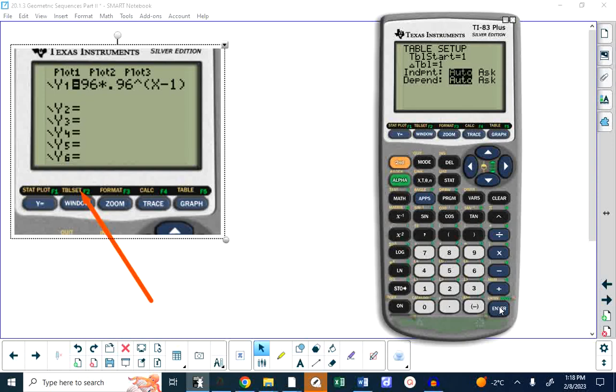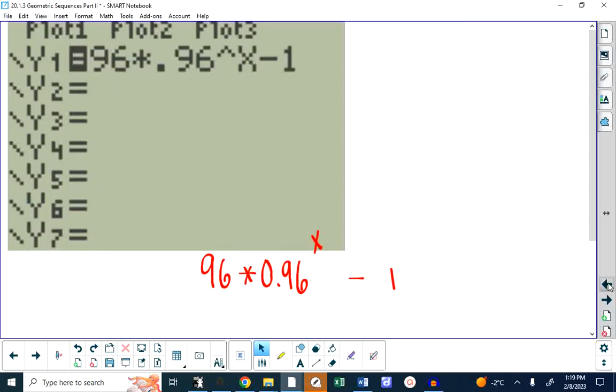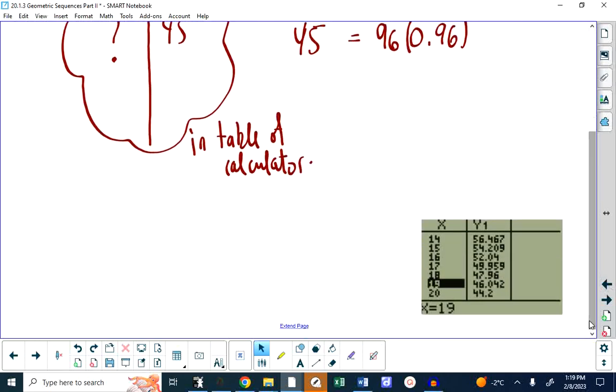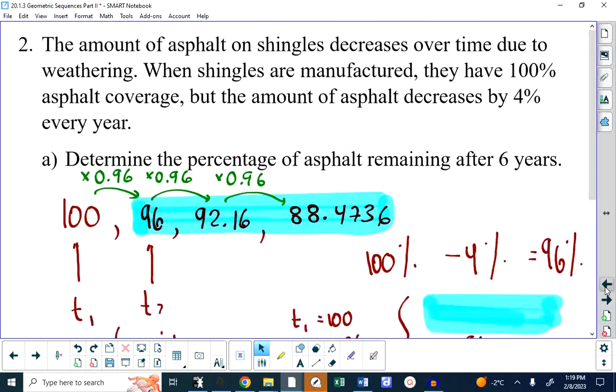If I did this, it would generate a table where x is 1, and then 3, and then 5, and then 7. It would go up by 2 each time. So I'm going to go up by 1 each time. And what I'm going to generate is this sequence of numbers that I've highlighted.